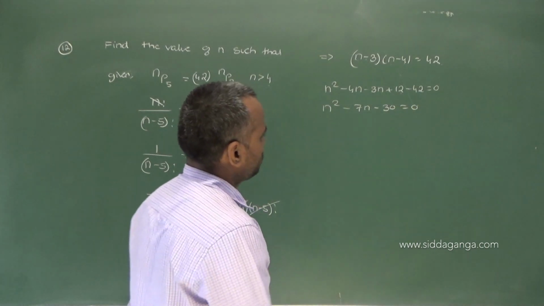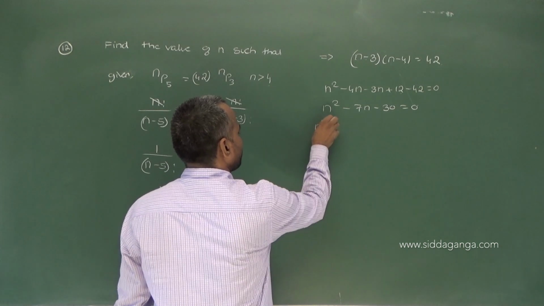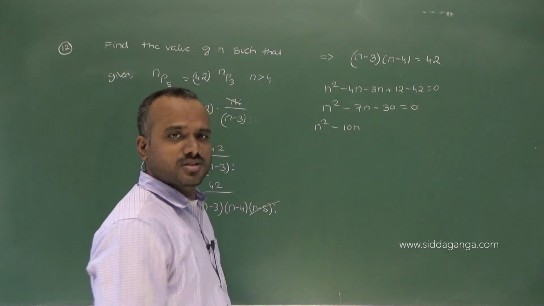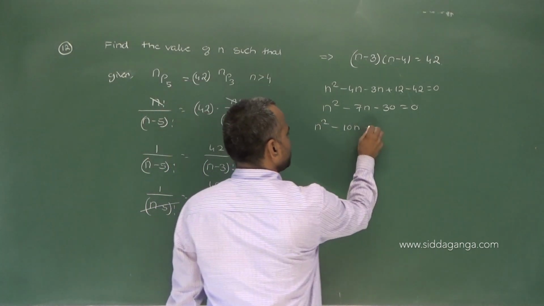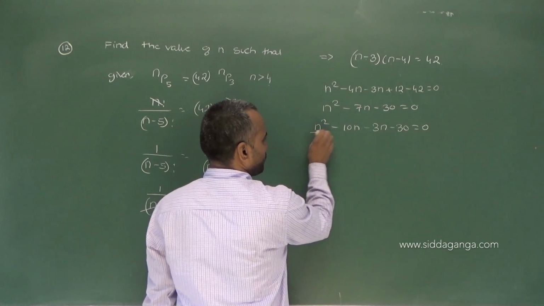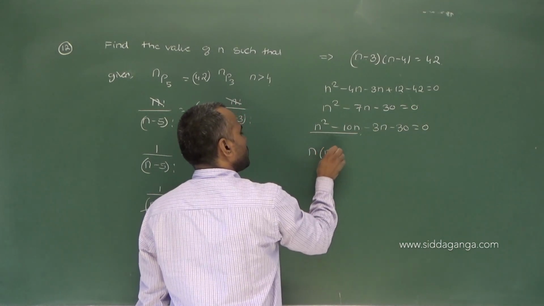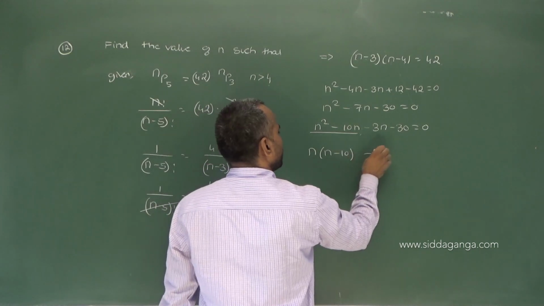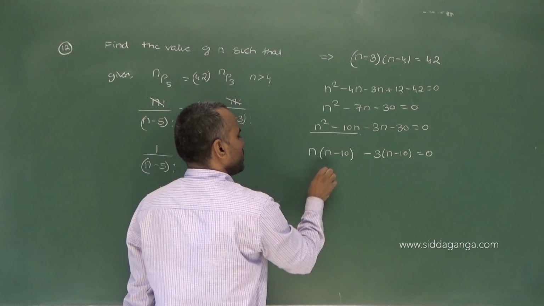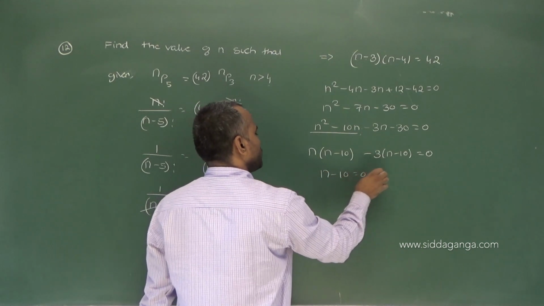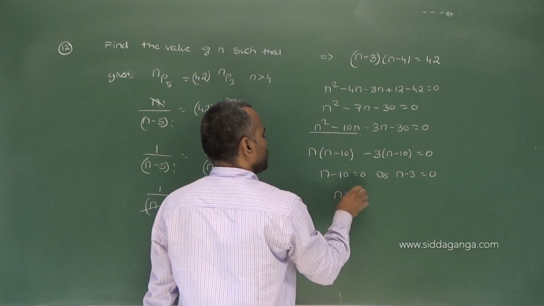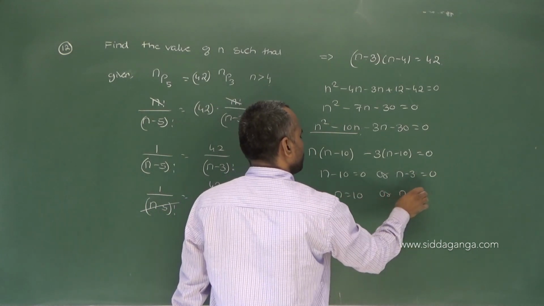So n square minus 10n plus 3n minus 30 is equal to 0. n take common, n minus 10, 3 take common, n minus 10 is equal to 0. n minus 10 is equal to 0 or n plus 3 is equal to 0. n is equal to 10 or n is equal to minus 3.